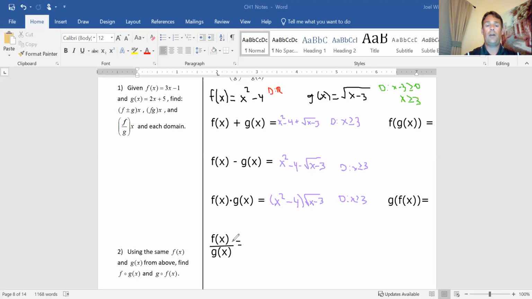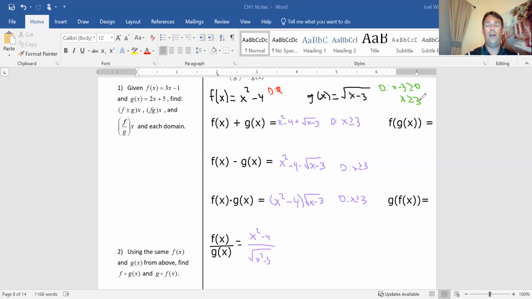All right, we bring it back here again, f of x divided by g of x. So f of x was x squared minus 4, all over the square root of x minus 3.